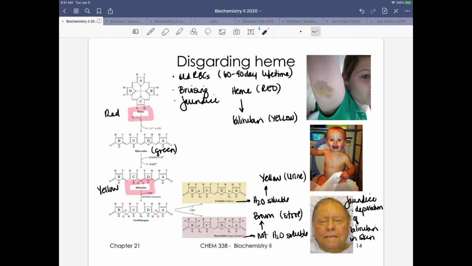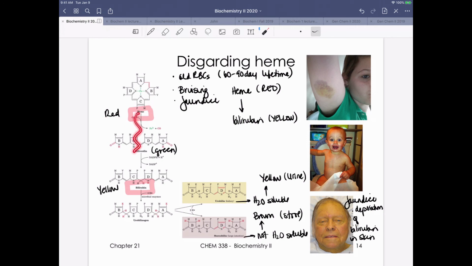Bruises start out reddish-purplish, then eventually become green and yellow. What you're seeing within the trapped heme in this damaged tissue is the breakdown of heme into ultimately bilirubin. What I've highlighted are names that I do want you to know. We start with heme, and heme is red in color.